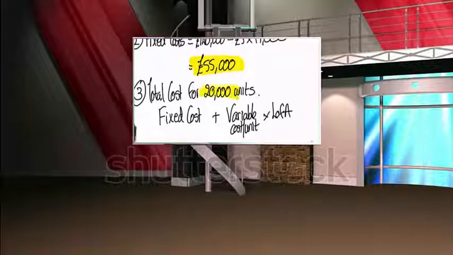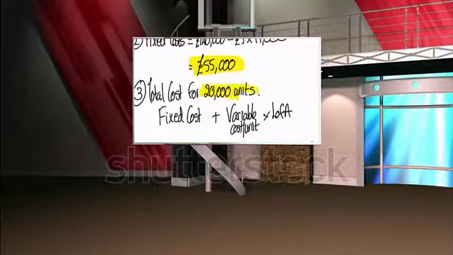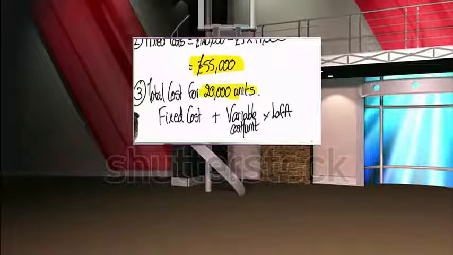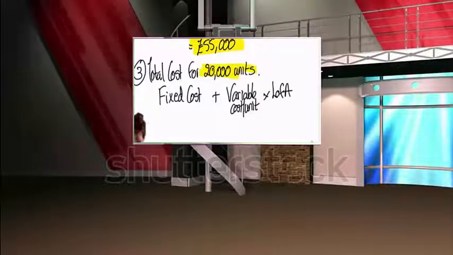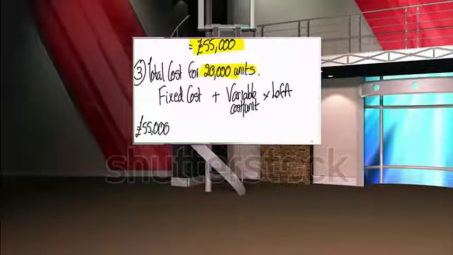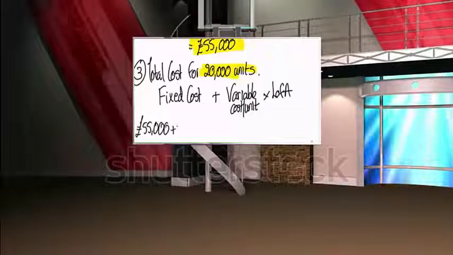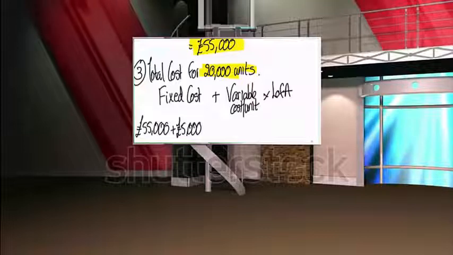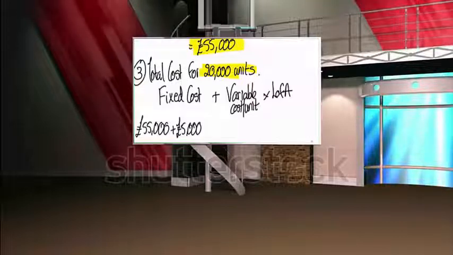So when we produce 20,000 units, what are our fixed costs going to be? Well, we will have the original 55,000, but we need to add on the additional 5,000 because we've gone above the threshold.